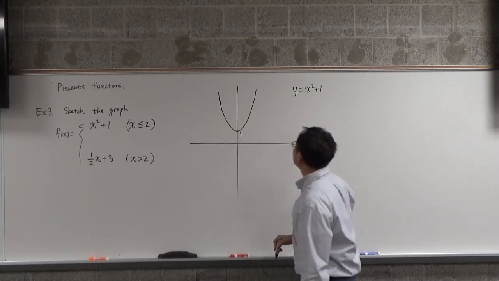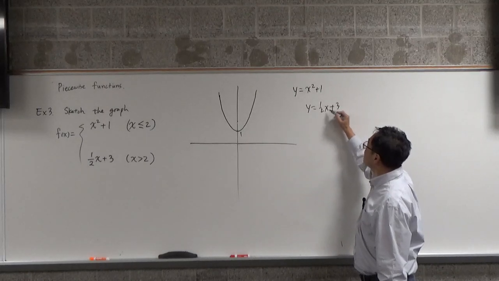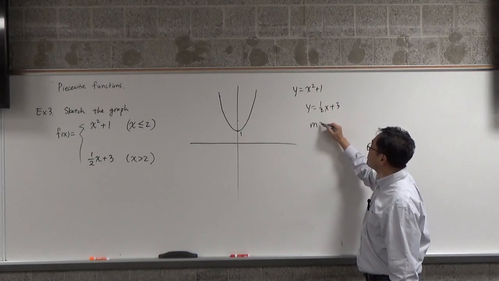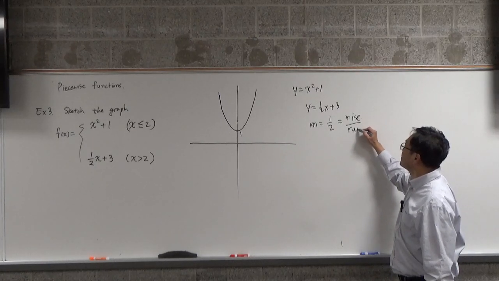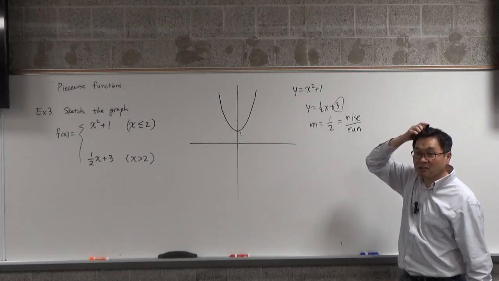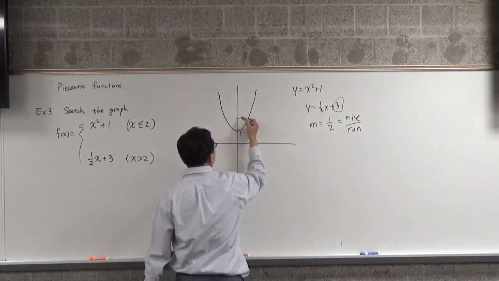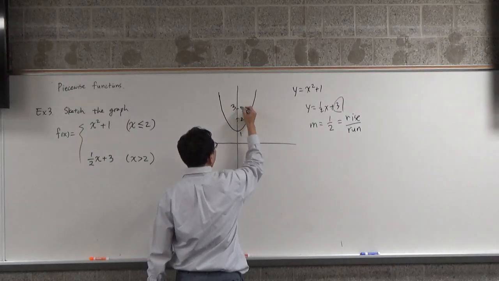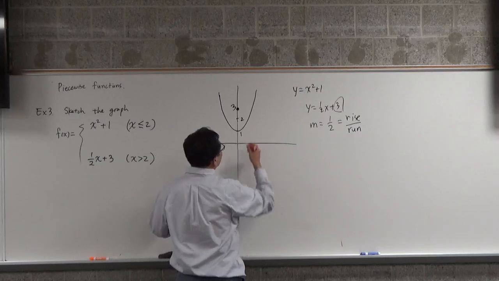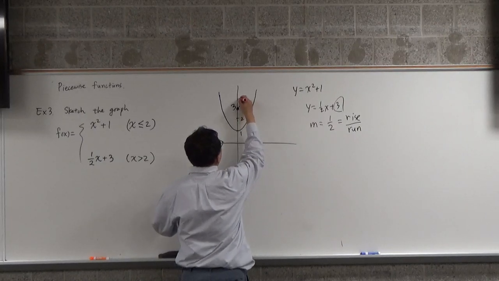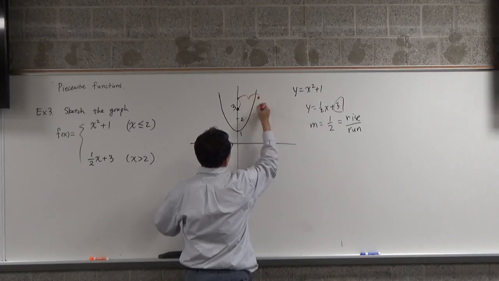Now, what about y equals 1/2 x plus 3? Well, 1/2 is the slope, and that's rise over run, right? And what is 3? The y-intercept. So this is 2, and then this is 3. That's your y-intercept. And you're going to do rise is 1 and run is 2, right?